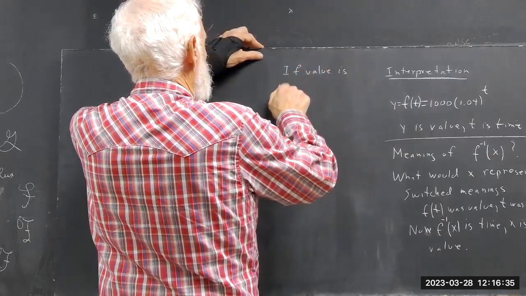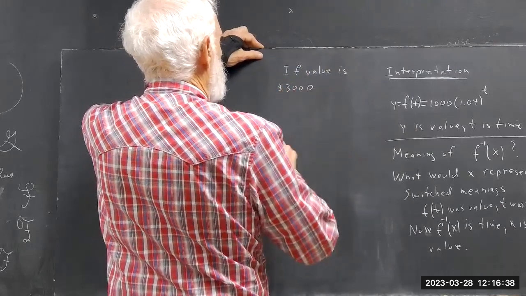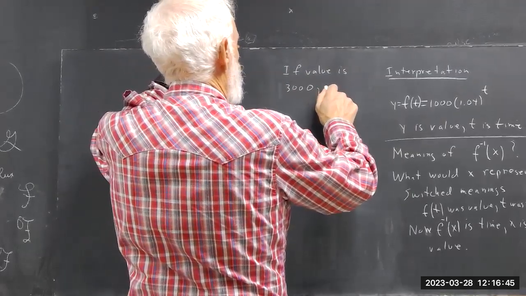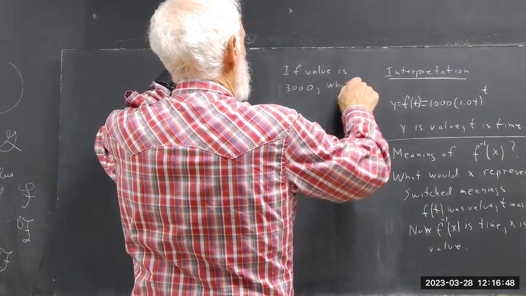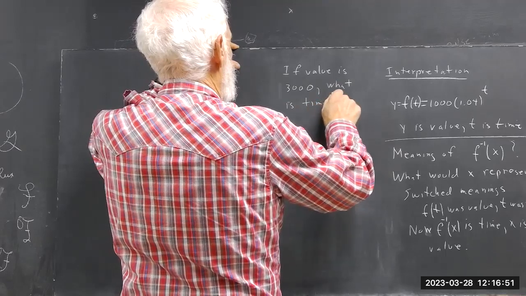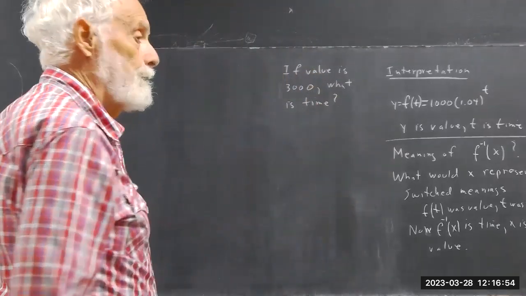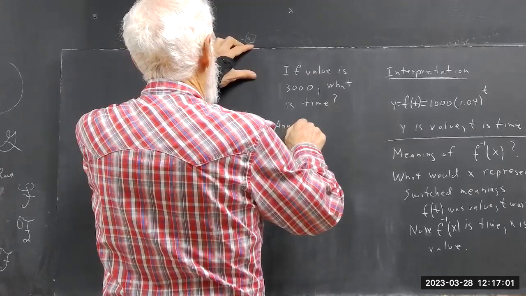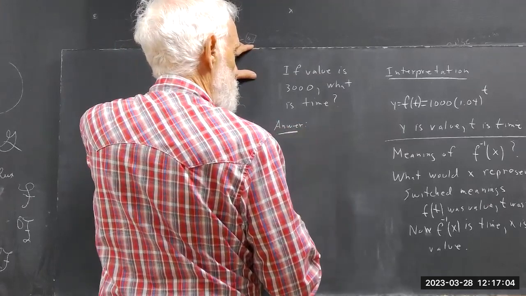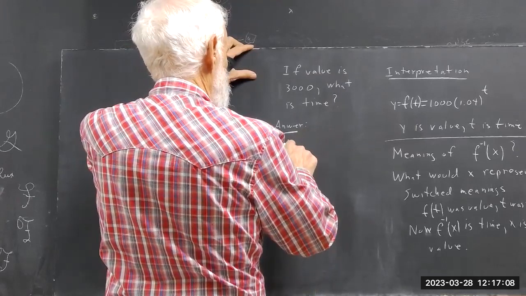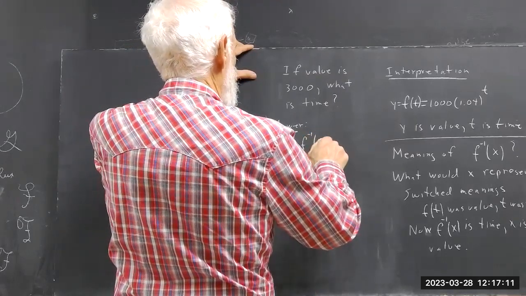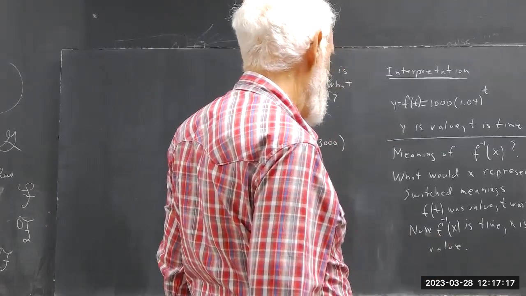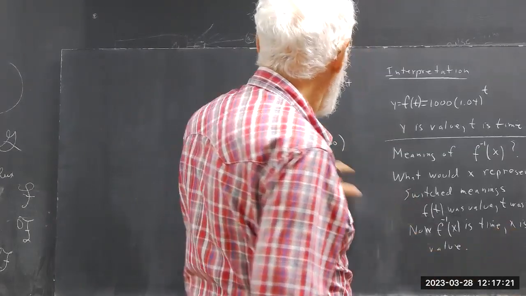If the value is $3,000, what is the time? X is the value, that's $3,000.